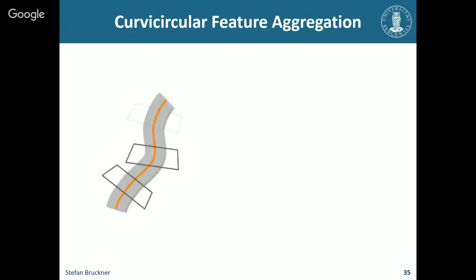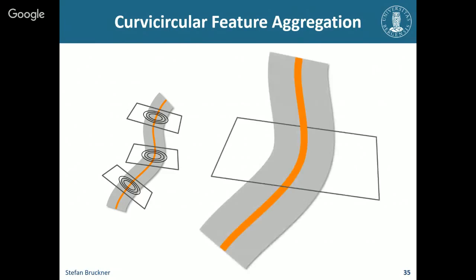One approach to do so that we developed is called Curvicircular feature aggregation, where the idea is that instead of looking at slices, we are actually sending around the center line multiple curved rays. And these curved rays are used to sample points in the vessel lumen.